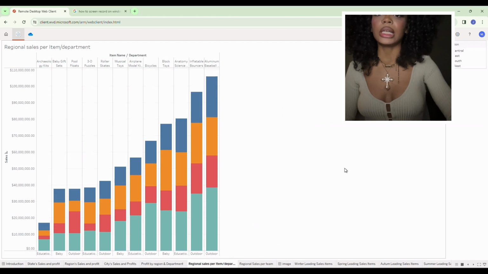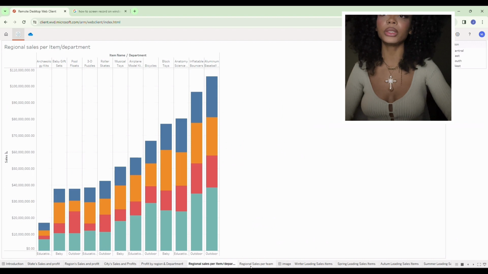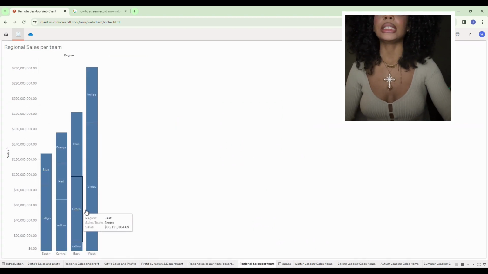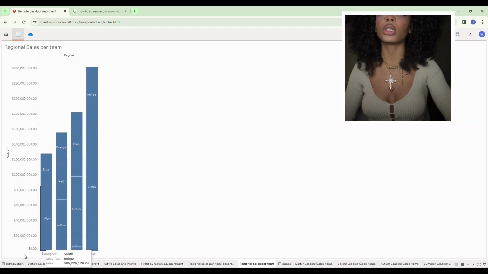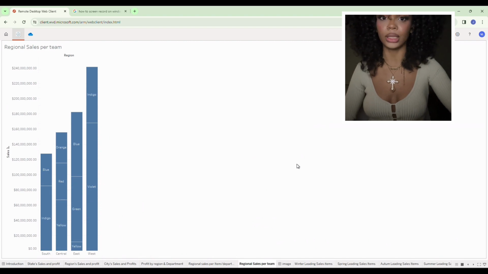The next worksheet is regional sales per team. Oh, this one's really good because it shows each region: south, central, east, west, but then also on each of the graphs it's labeled by the sales team. So what we can see is which team performed the best. So as we can see, Team Violet performed the best in the west.